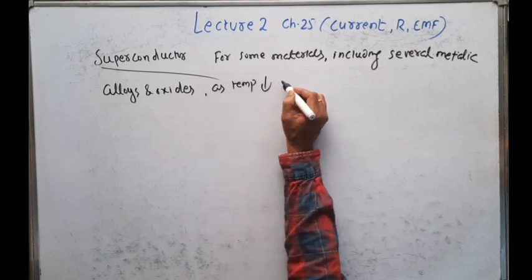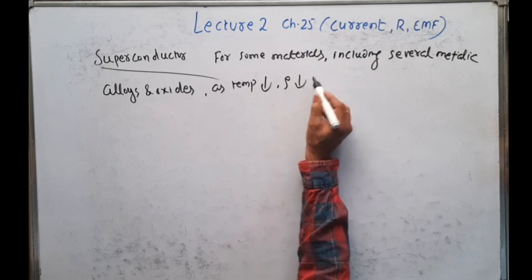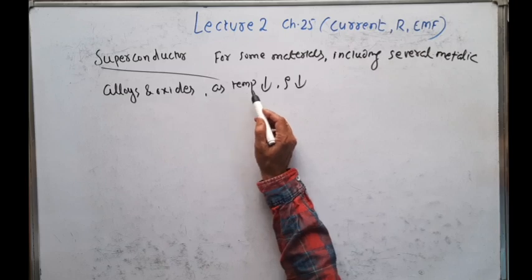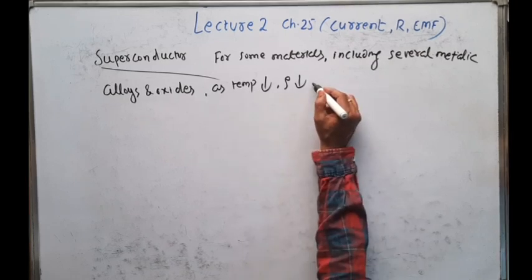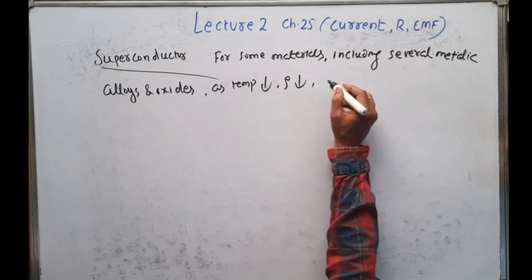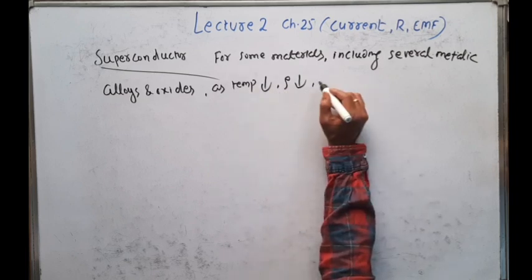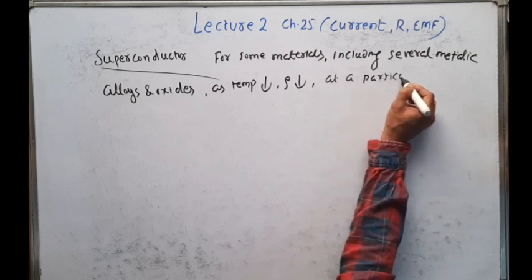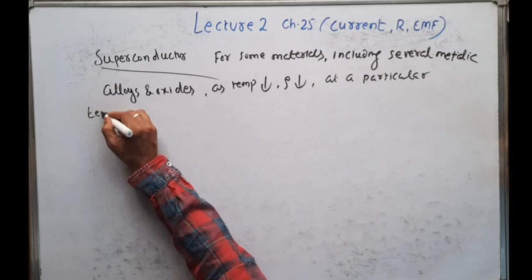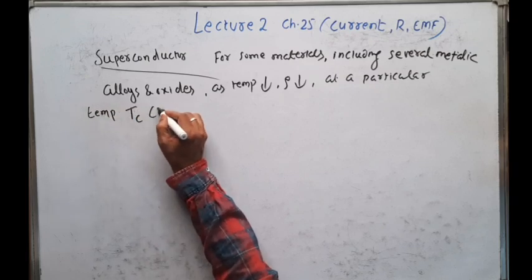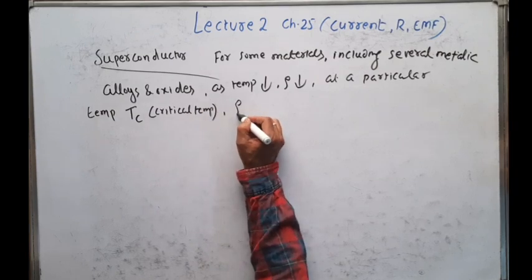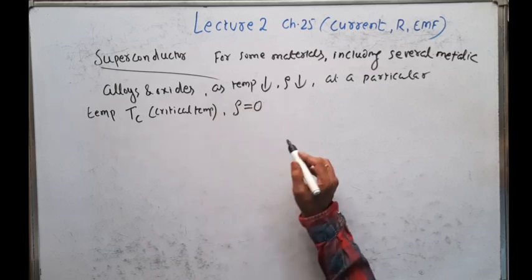As temperature decreases, resistivity decreases. We know for a metallic conductor, if temperature increases, resistivity increases. But as temperature decreases, resistivity decreases. If we decrease the temperature to a certain value, below that value resistivity will be totally zero. That means at a particular temperature, that is called the critical temperature, resistivity will be suddenly reduced to zero.